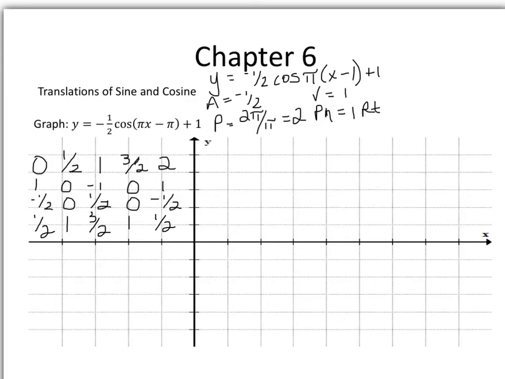So from here, I'll actually plot these values. So I'll make this 1, 2, 3, 4. So I'm at 0, and we'll call this one 1 and 2. So at 0, my y is a half.